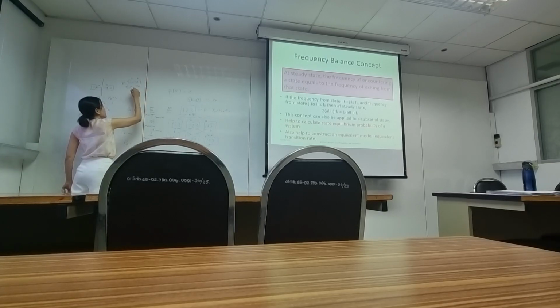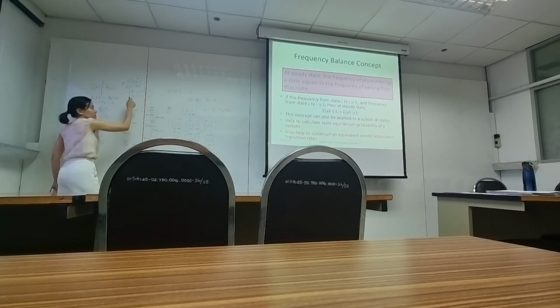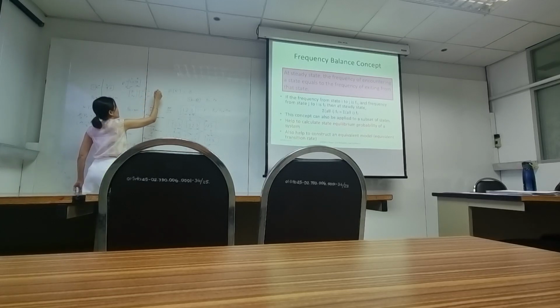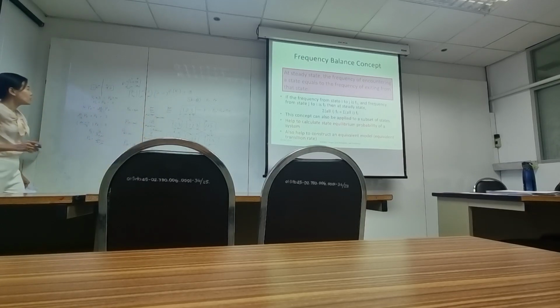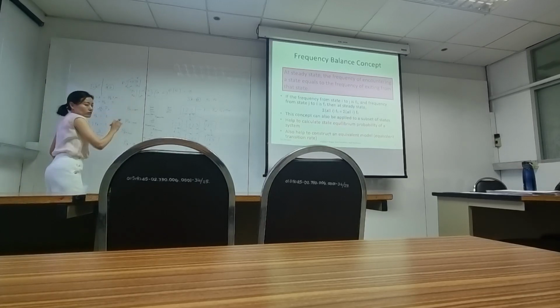The probability of up, probability of down, multiplied by the transition rate matrix must be equal to 0.